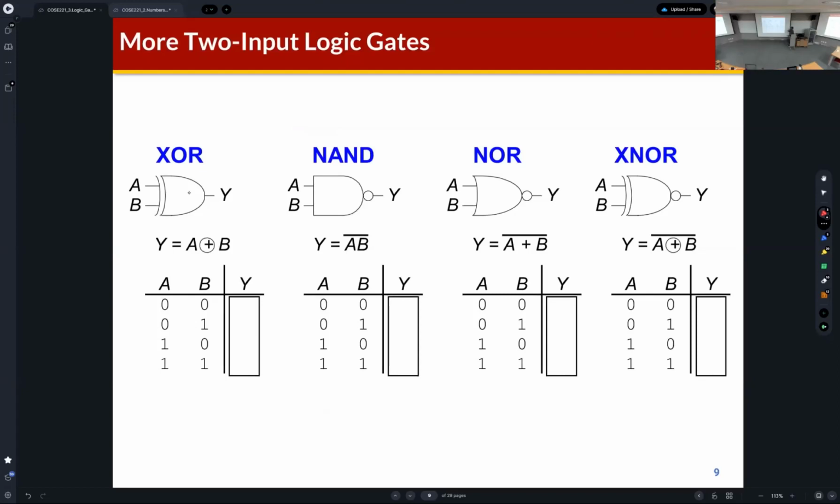And then there are different kinds of two-input logic gates. Let's think about the exclusive OR. The exclusive OR is represented as XOR.